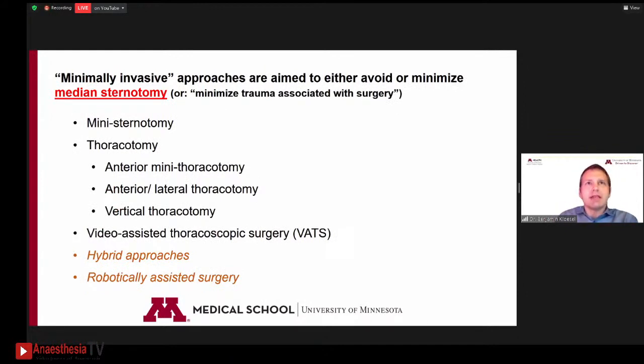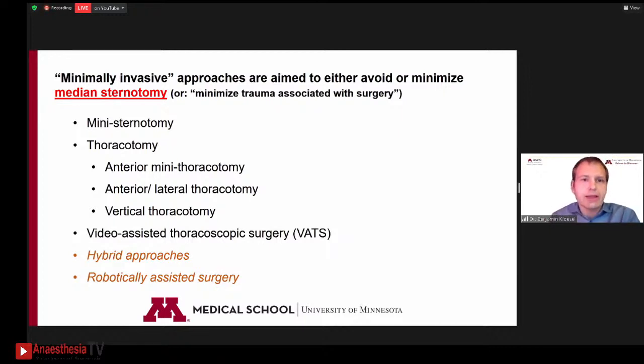Now, minimally invasive approaches, as the preceding speakers mentioned, are essentially defined as trying to avoid a full median sternotomy. That is the typical definition, although I would extend this definition in pediatric heart surgery to minimizing trauma associated with surgery. And that becomes important for some of the hybrid approaches that we're going to be talking about later.